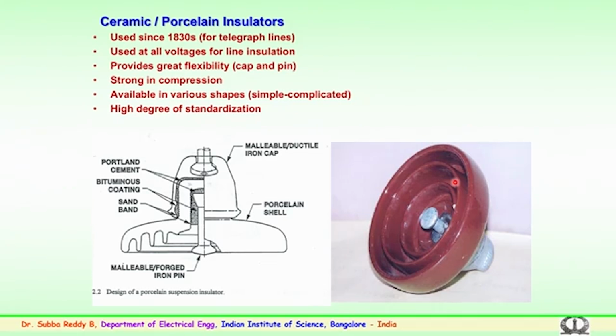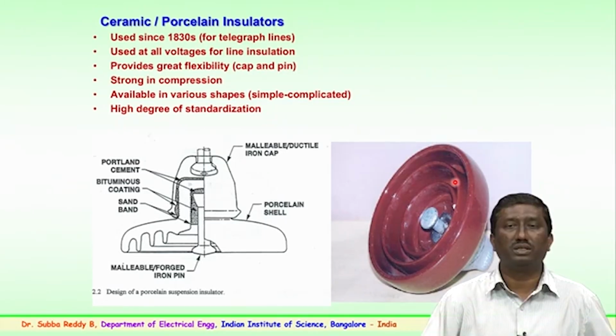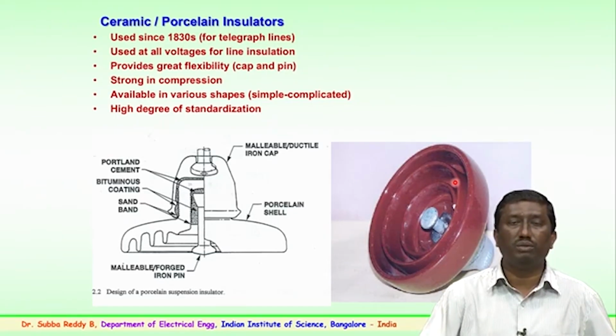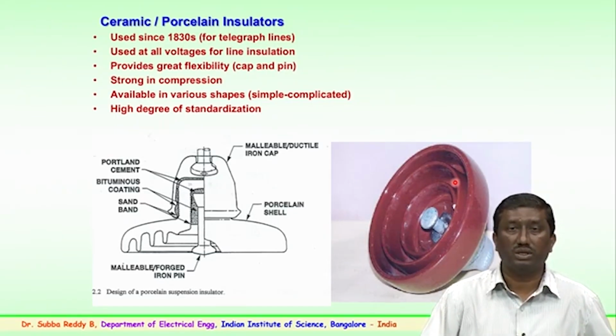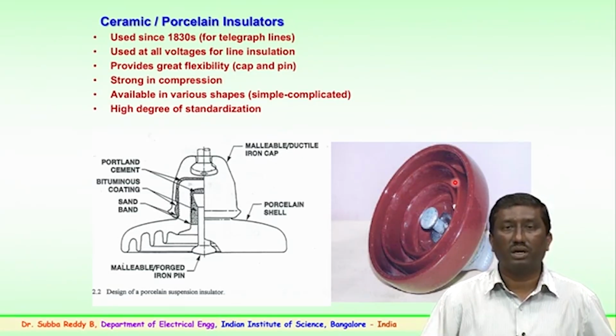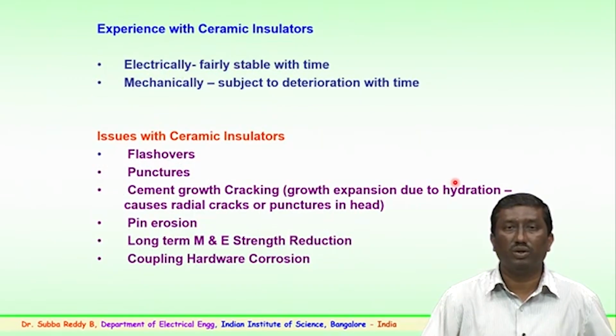This is very simple to make, and sometimes complicated, because you require a special petticoat for a particular area in case there is fog. So, the anti-fog type of insulation has to be done, and it has to be carried out with a high degree of standardization, including the material aspect and the process. So, this is how porcelain or ceramic insulators have been serving the transmission utilities.